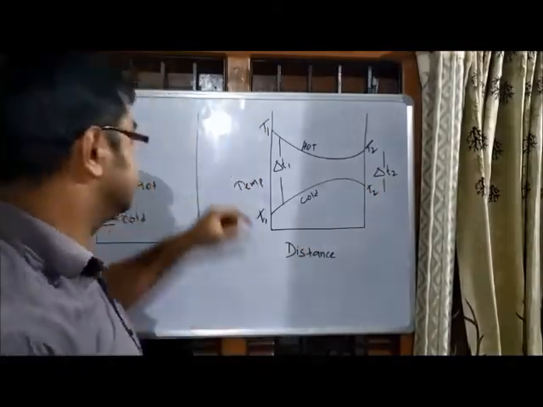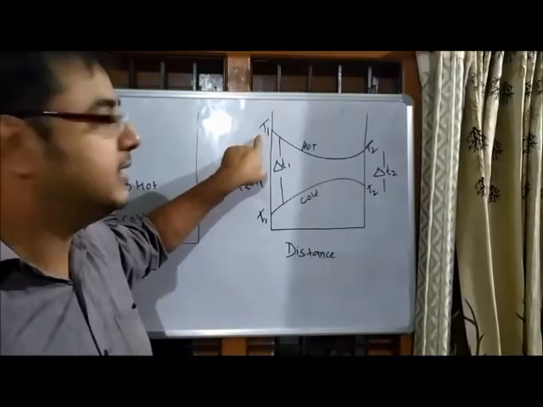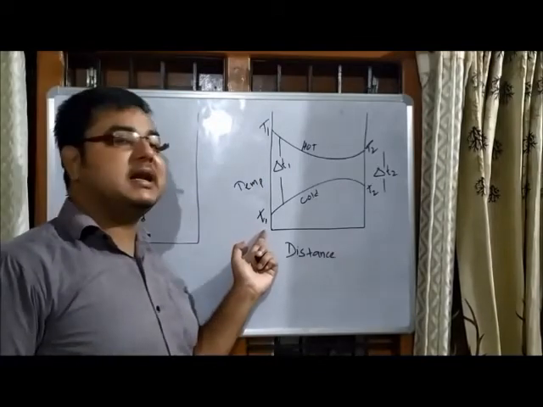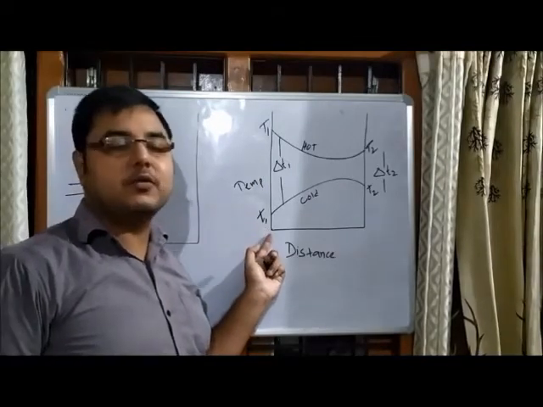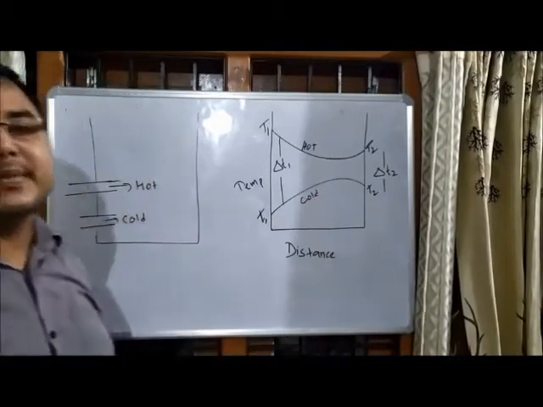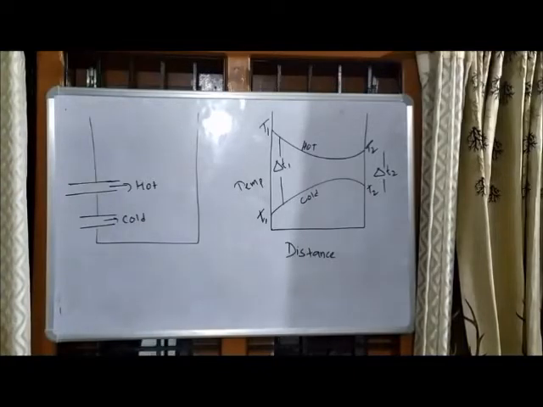And the difference between the initial higher temperature of the hot fluid, that is T1, and the initial lower temperature of the cold fluid is depicted as delta T1. In this way, the proper transfer of heat generally takes place.